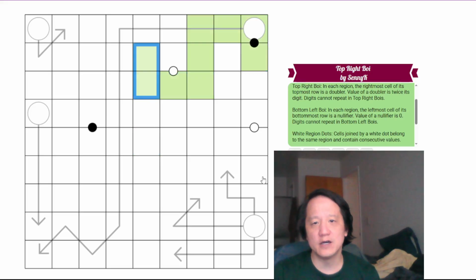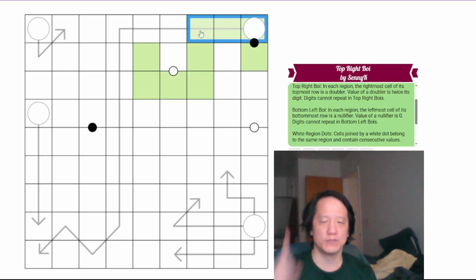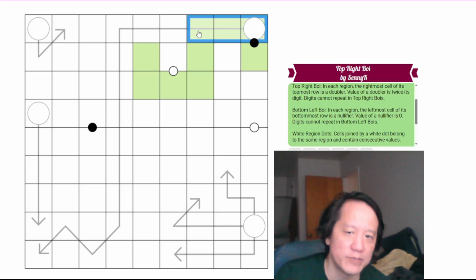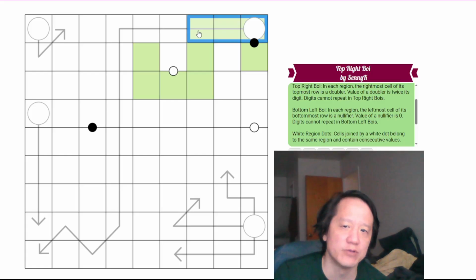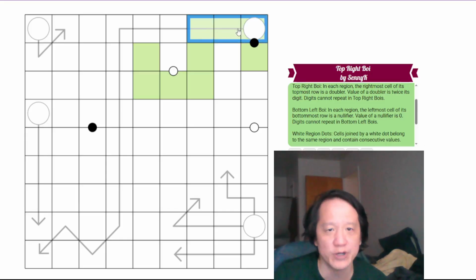We also have top right boy, where in each region, the rightmost cell of its topmost row is a doubler. And the value of a doubler is twice its digit. And digits cannot repeat in top right boys.